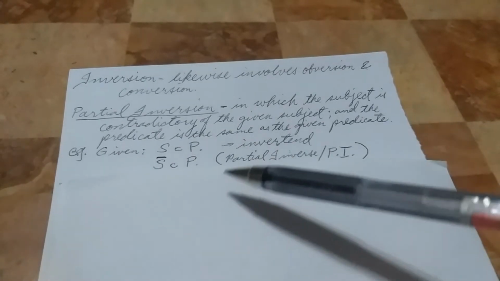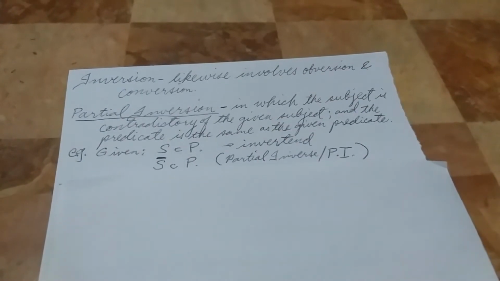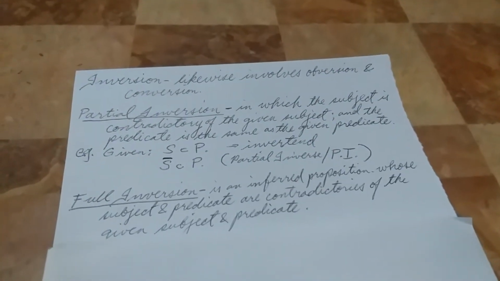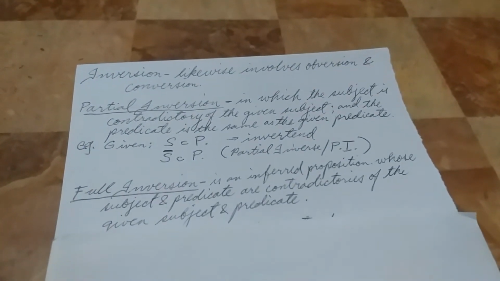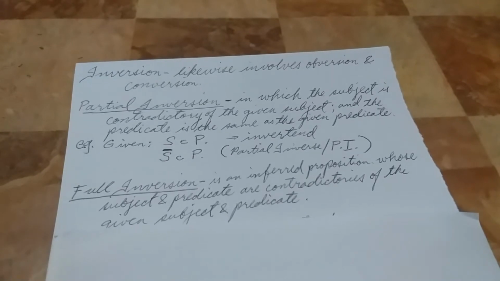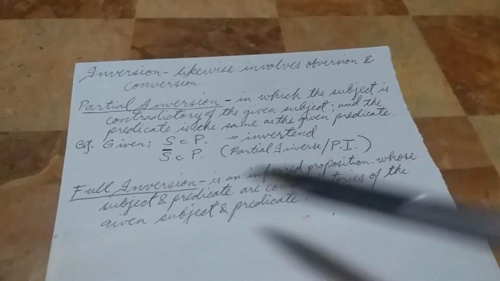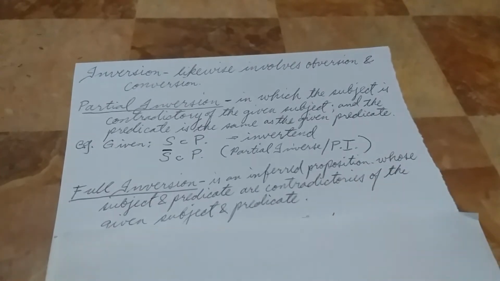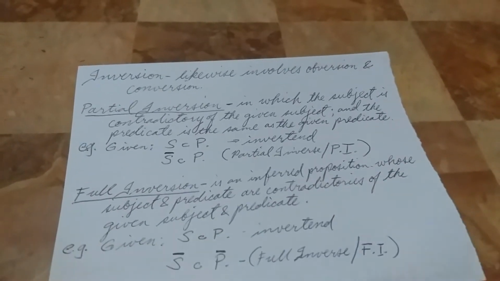The second type of inversion is the full inversion. It's an inferred proposition whose subject and predicate are contradictories of the given subject and predicate.